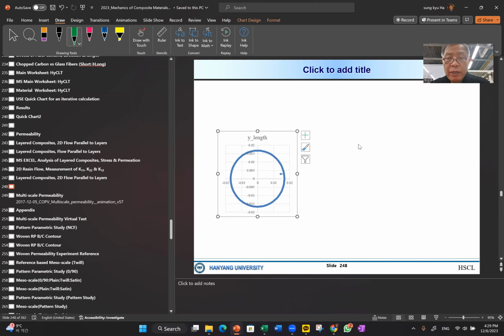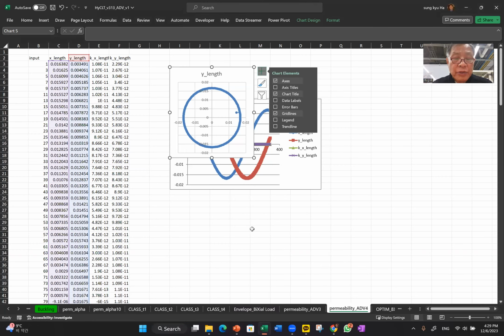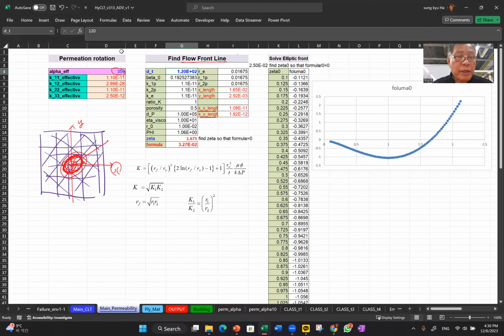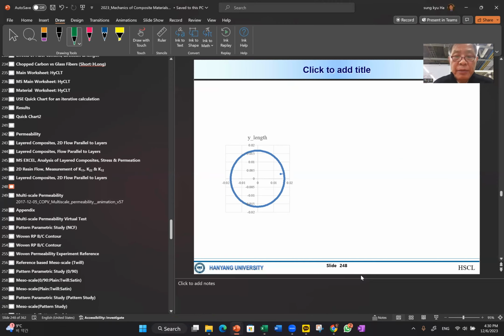Okay, well, to get this value, we have to make sure of the permeability. So time is 120. Okay, 120, what does it mean?